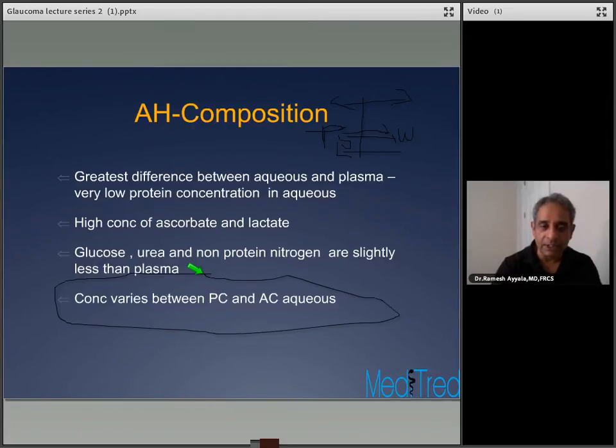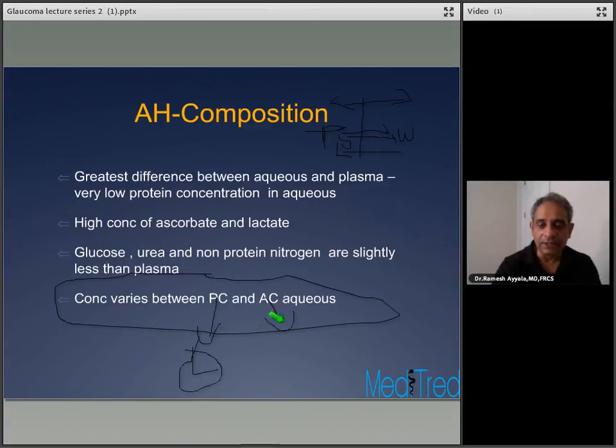aqueous in the posterior chamber is giving off nutrition to the lens, picking up waste products from the lens, and from there, as it escapes into the anterior chamber, it has a little bit more waste product and a little less nutrition, one would assume, because of the donations it has made and the collections it made from the lens.